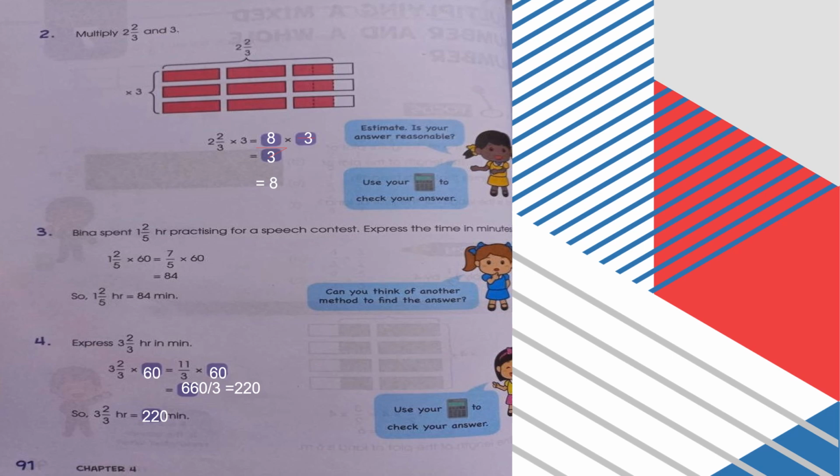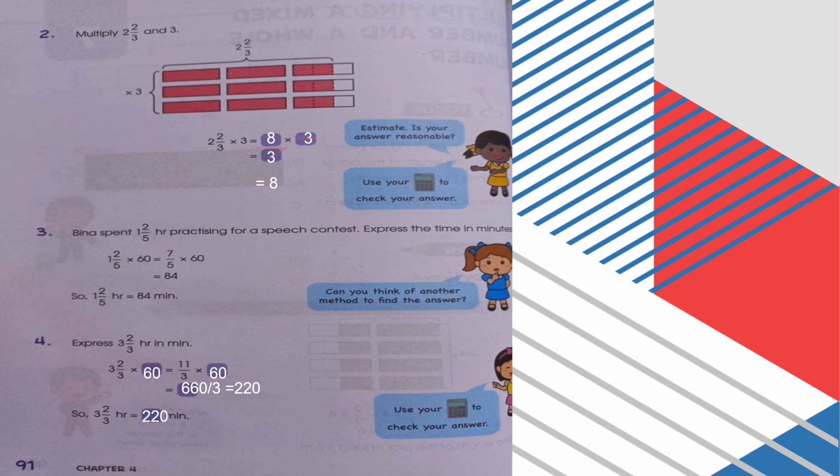In question number 3, we have Bina spent 1 2/5 hours practicing for a speech contest. Express the time in minutes. As we know that 1 hour is equal to 60 minutes, we are going to multiply 1 2/5 with 60.